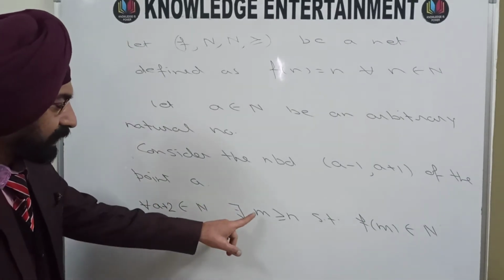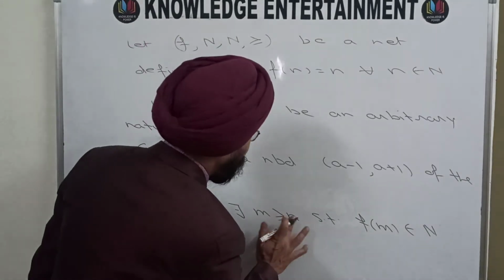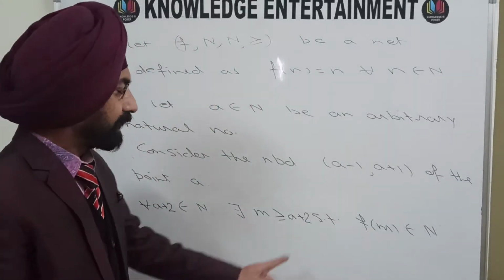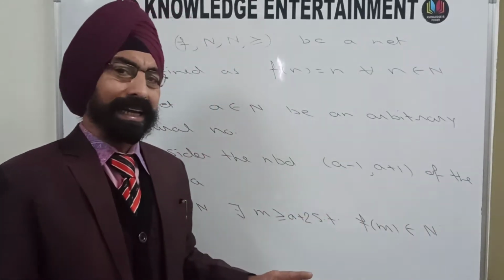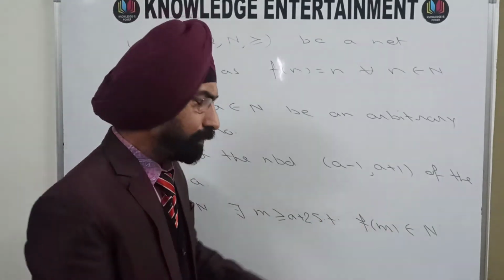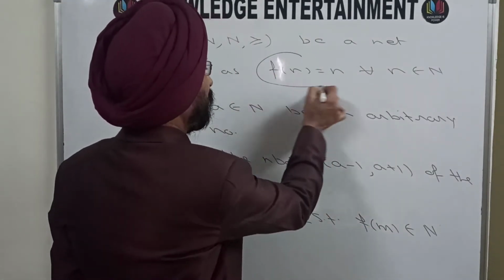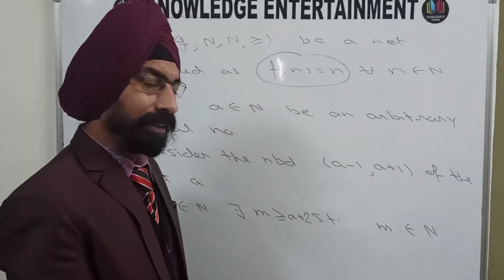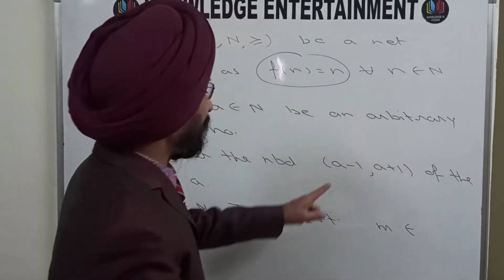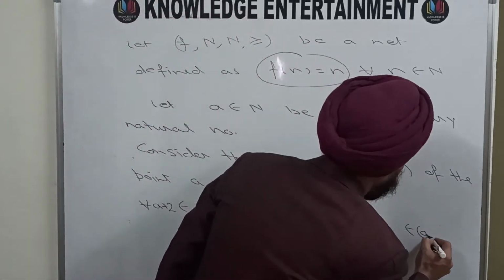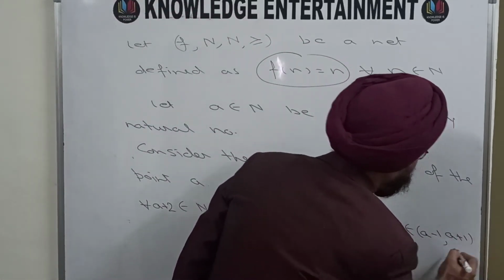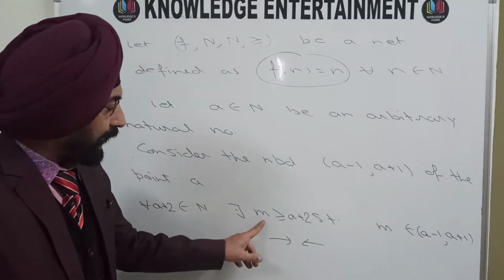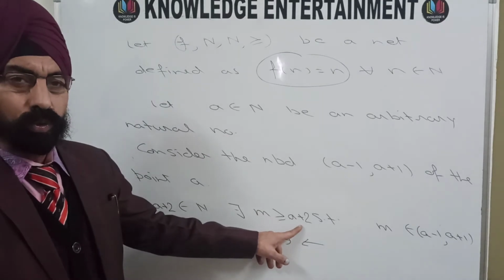So there must exist some m greater than or equal to n, that means m is greater than or equal to a plus 2, such that f(m) belongs to N. What is f(m)? By definition, f(n) is n, so f(m) is m. So m belongs to N. And what is your N? Your N is this (a minus 1, a plus 1). And this is a contradiction. Why? Because m is greater than or equal to a plus 2.